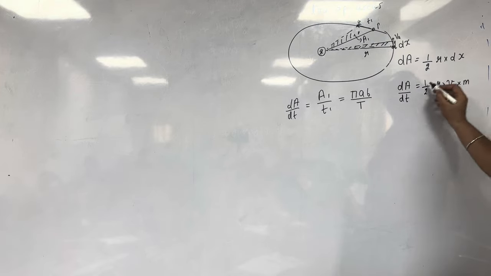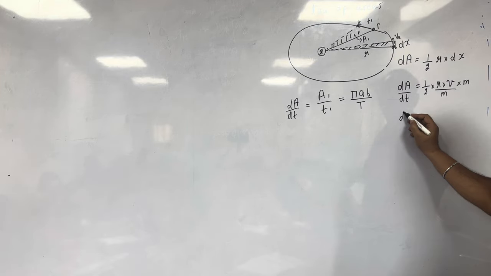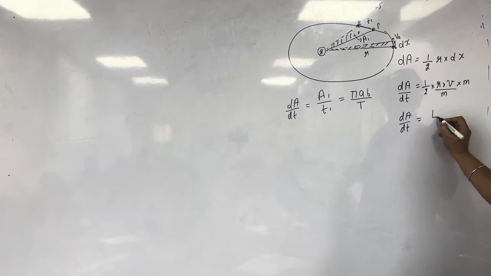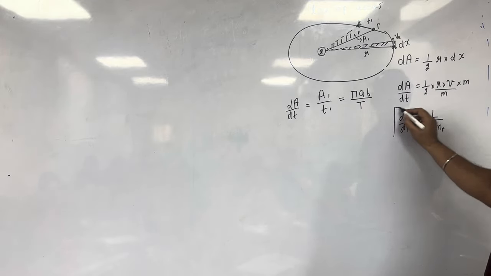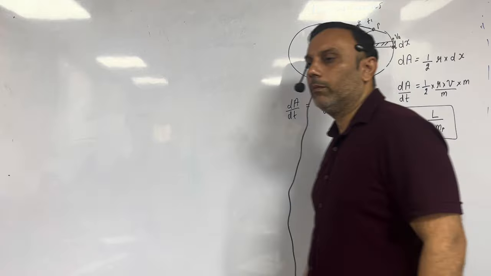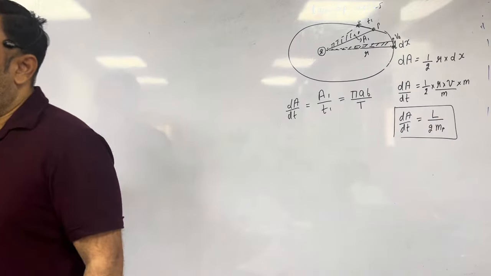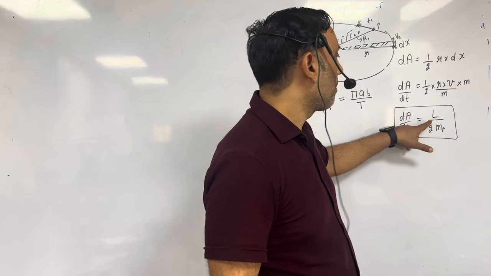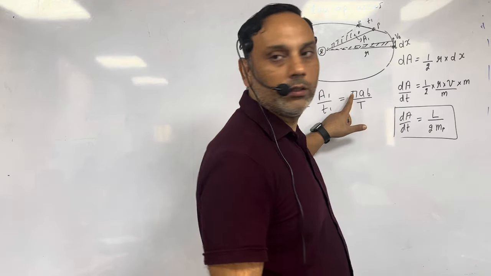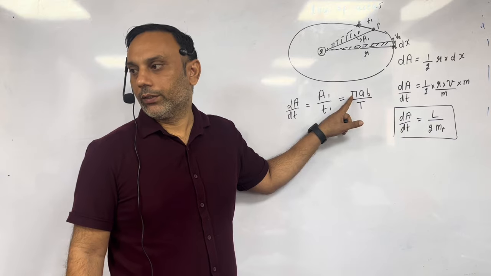What is the numerator, beta? Angular momentum. So angular momentum remains constant, divided by 2 into mass of planet. So from here also we can confirm that areal velocity is constant. In terms of angular momentum you can express, in terms of ellipse parameters you can express, right?